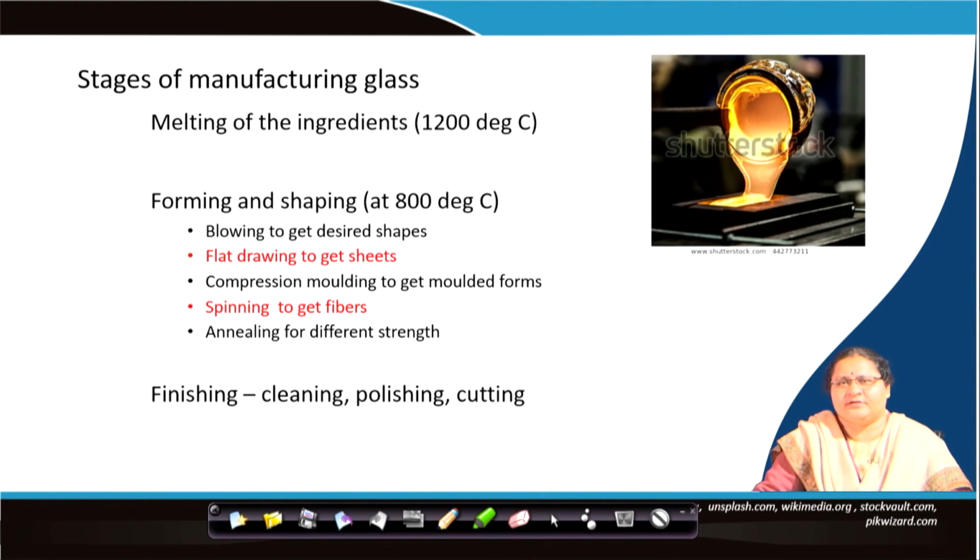It is because of the iron oxide in it, which comes in naturally and gives it that greenish tint. But you can also add mineral oxides or metal oxides to get different colors. We will come to all those almost at the end of this lecture.